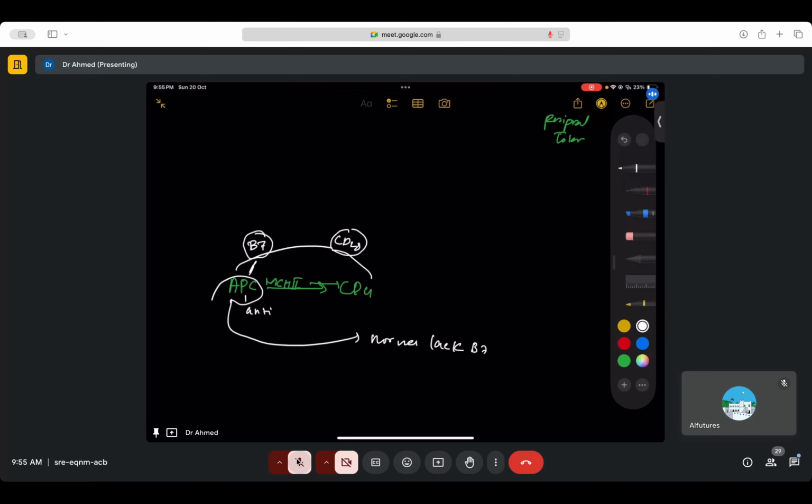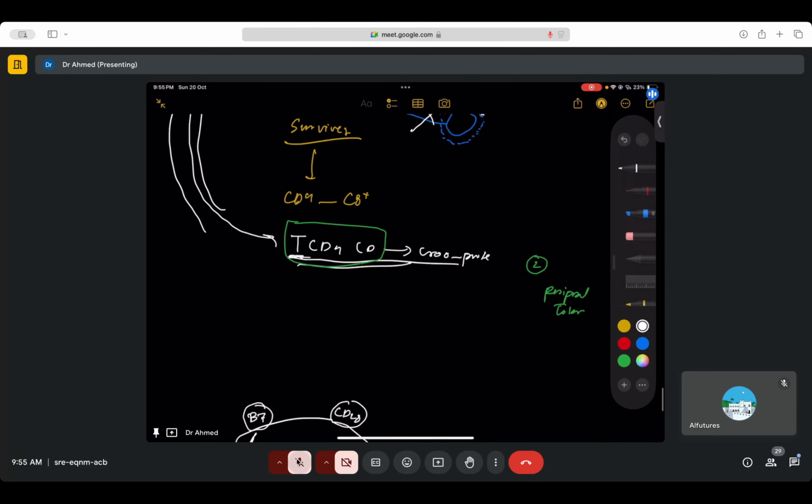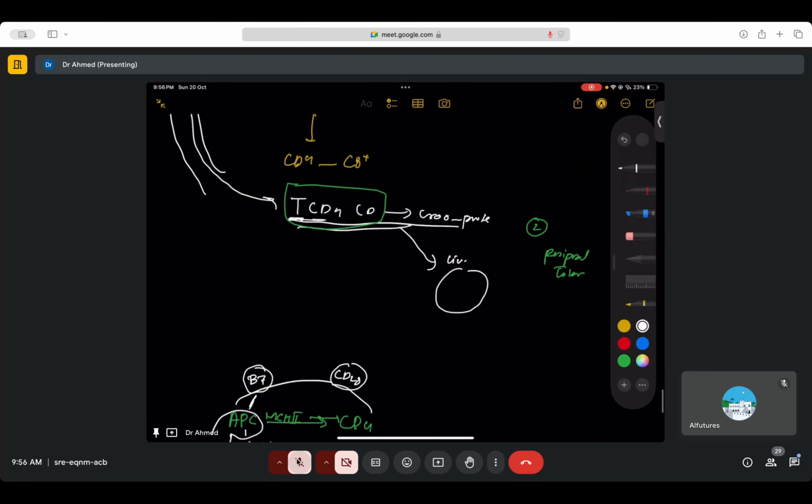Is that clear? So, for example, these T cells came and cross react with your body parts. Let's suppose liver. So it means liver does not have B7. So the second mechanism for protection against these autoimmune cells is lack of B7.